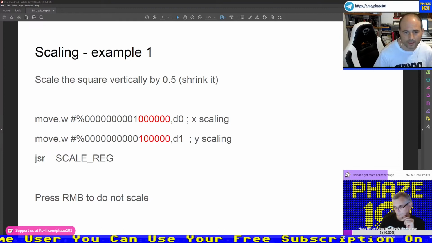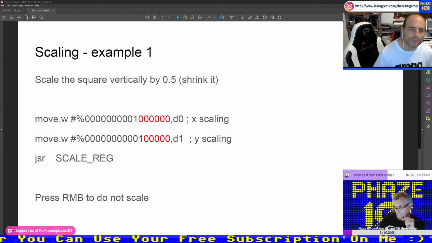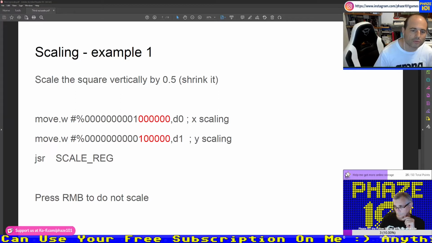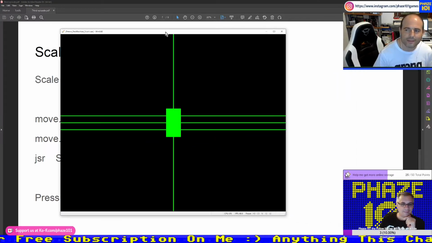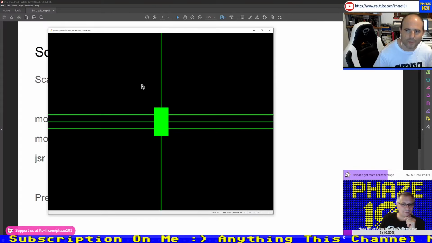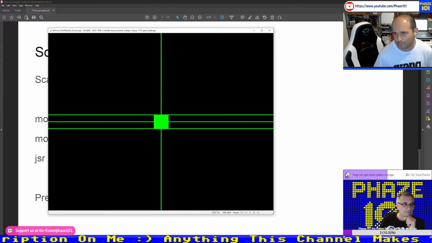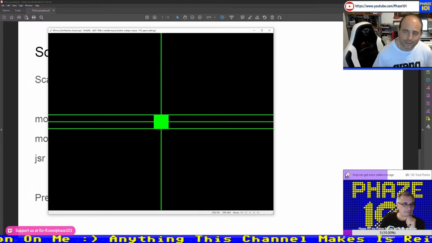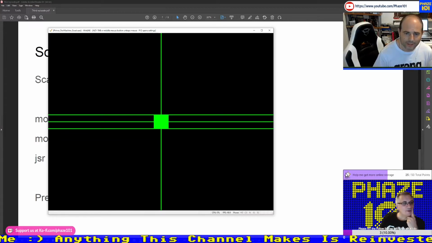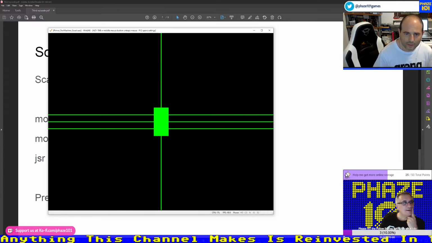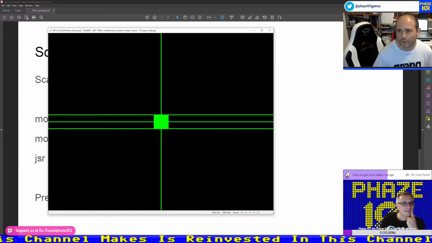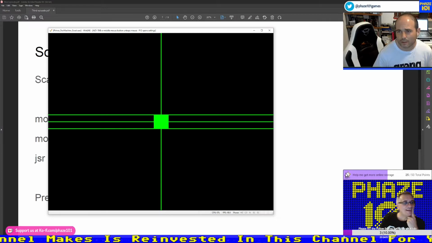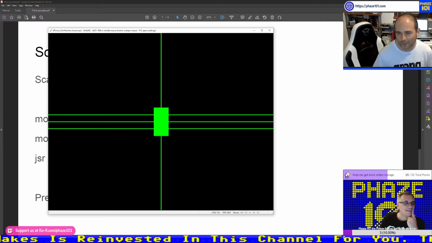And then I press the right mouse button to not scale. You can run it again and press the right mouse button to see the difference between the original plane. There you go. This is the original square, and when you release the button, you should see the stretched one.